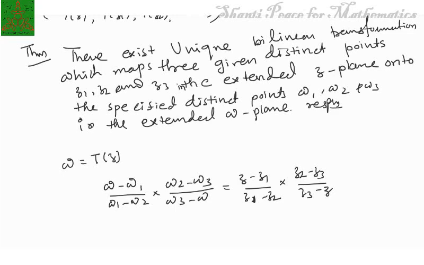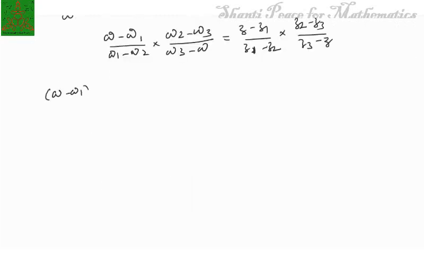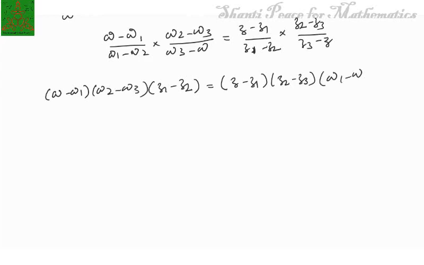This expression I may write down as (W minus W1)(W2 minus W3)(Z3 minus Z) equal to (Z minus Z1)(Z2 minus Z3)(W1 minus W2)(W3 minus W).